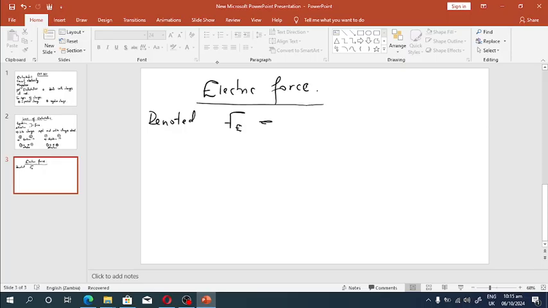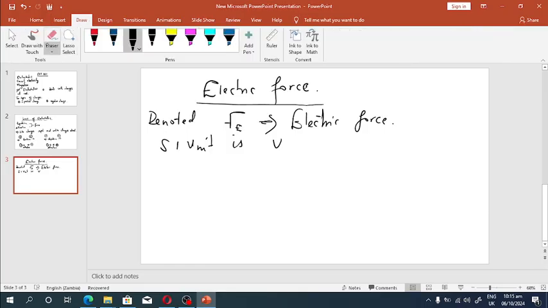When we see that, we are simply talking about the electric force. And by understanding of force, meaning that it is measured in newtons, the SI unit is newtons.